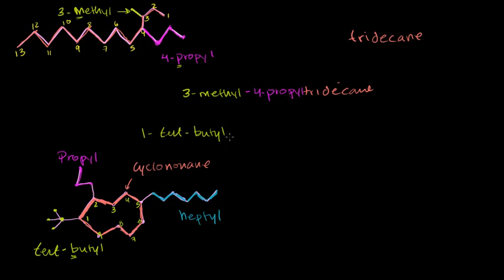So then it is 5 heptyl. And then we have the propyl. And then it is 2 propyl. And then finally cyclononane. And we're done.